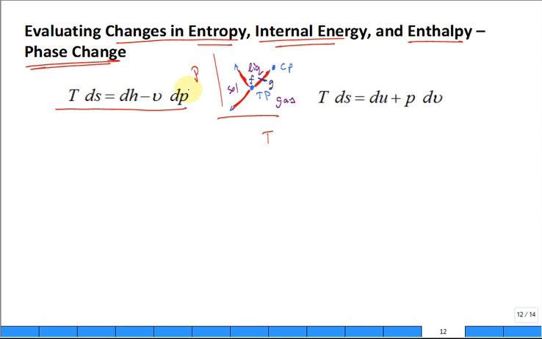So the pressure's not changing. And so what you get is the temperature times the change in entropy is equal to the change in enthalpy. That almost seems too silly. Push it from the limit such that it starts at saturated liquid and it goes to saturated vapor.